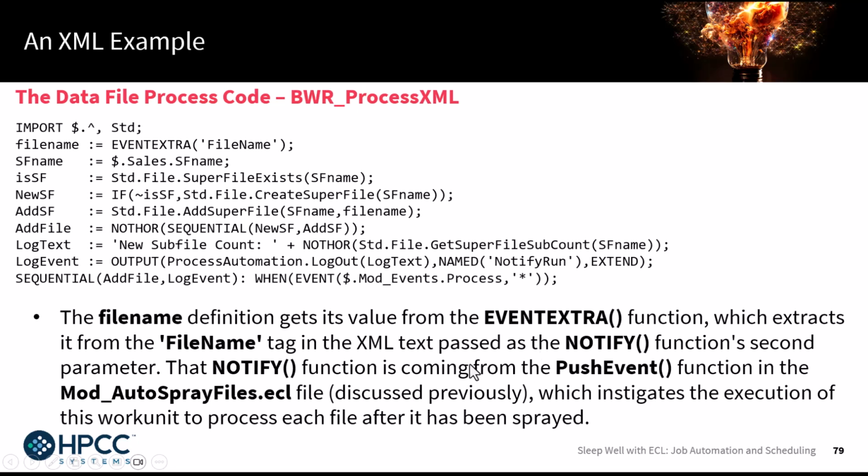All right, we again here look at the extra event, which extracts the file name tag from the XML as the notify function's second parameter. Then notify is coming from the push event function in mod_autospray files discussed previously, which instigates the execution of this work unit to process each file after it has been sprayed.